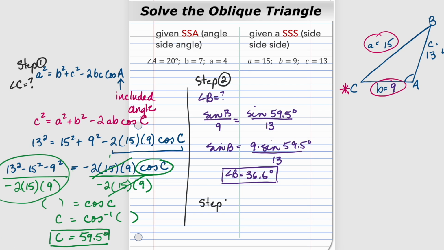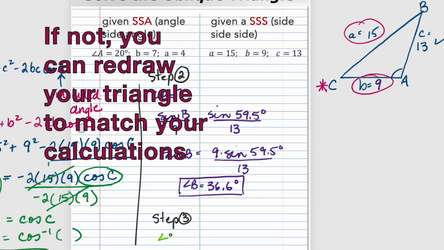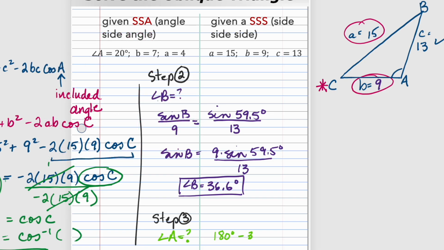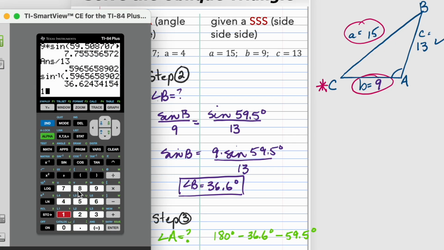Step 3. Almost done. We just need the third angle, and hopefully angle A turns out to be larger than 90 degrees. Angle A is what we're looking for. 180 degrees, subtract 36.6, subtract 59.5. 180, subtract 36.6, subtract 59.5.